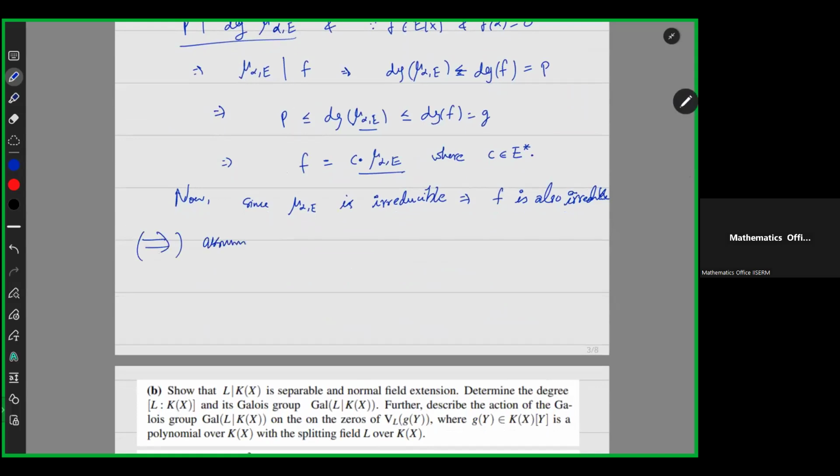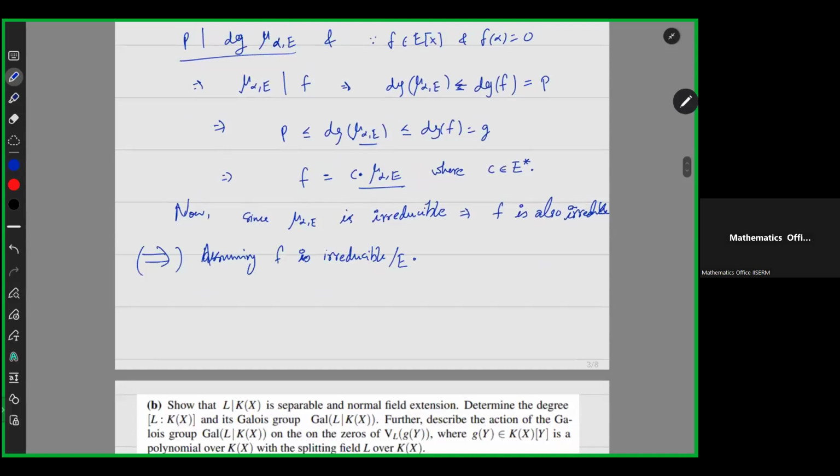Assuming F is irreducible over E, then let's see. We have this extension K_F, then E, then here we have K. So F is irreducible. This is also a splitting field over E of F.